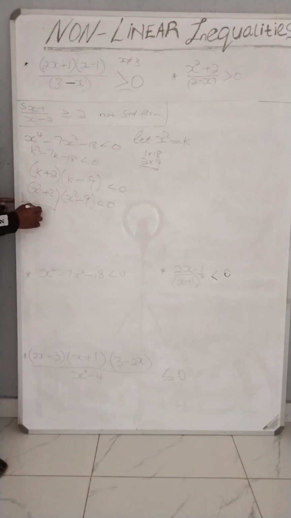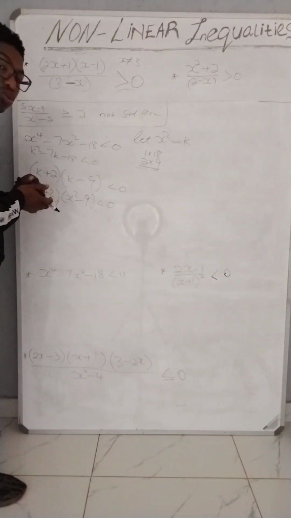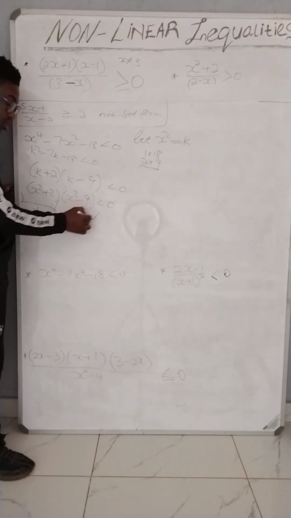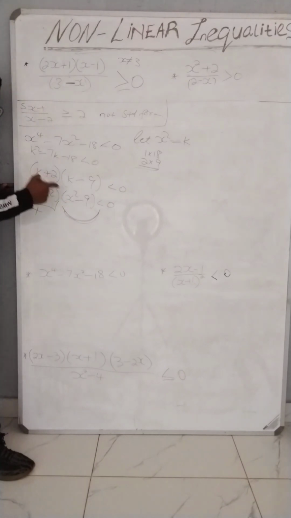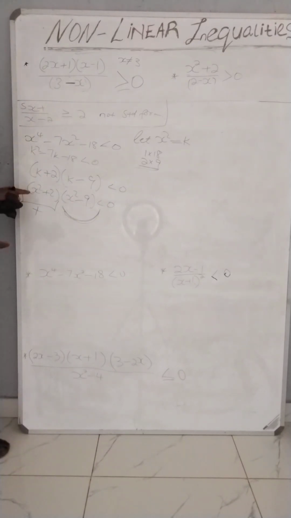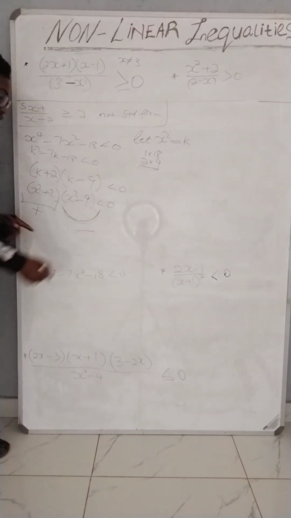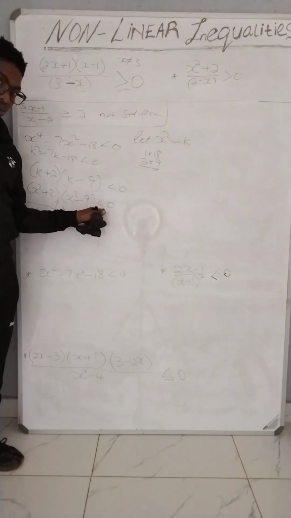So whatever you need to do, you need to make sure that this is negative, because you know that positive times negative will be less than 0.